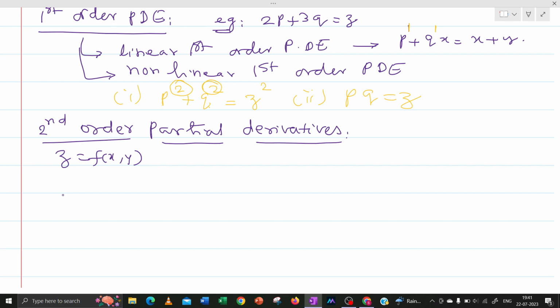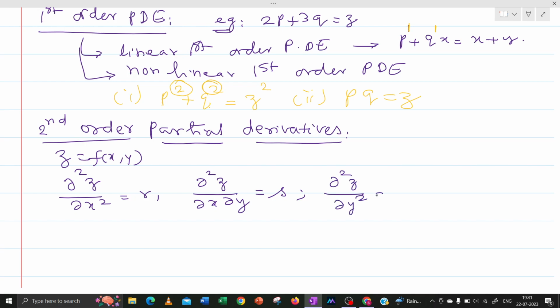If you differentiate z twice with respect to x, we get dou square z by dou x square, generally denoted by small r. Differentiate z with respect to x, then with respect to y, we get dou square z by dou x dou y, denoted by small s. And if you differentiate z with respect to y twice, you get dou square z by dou y square, denoted by t.